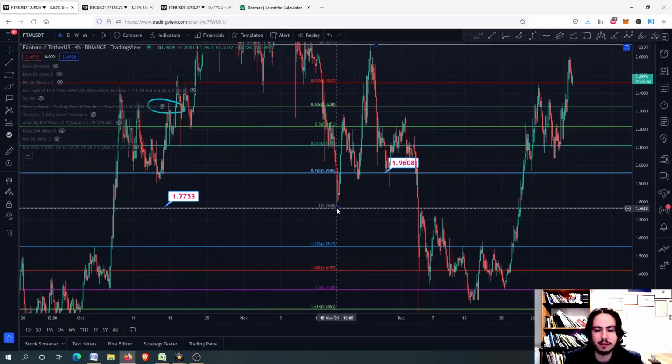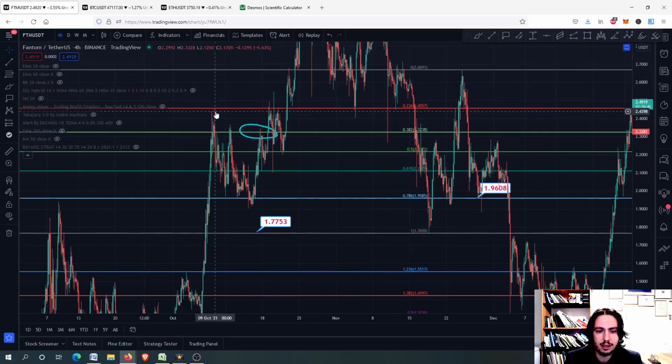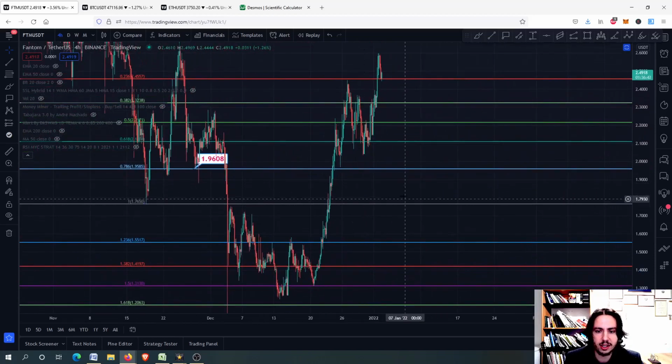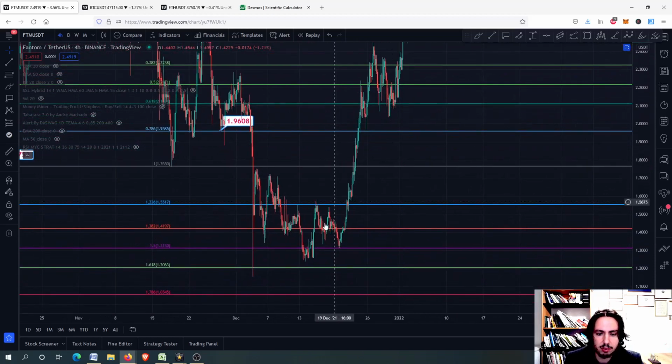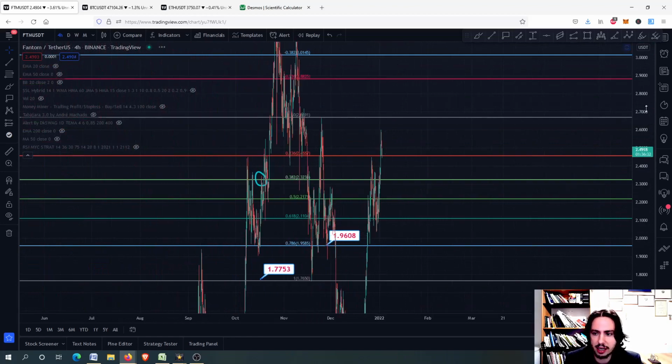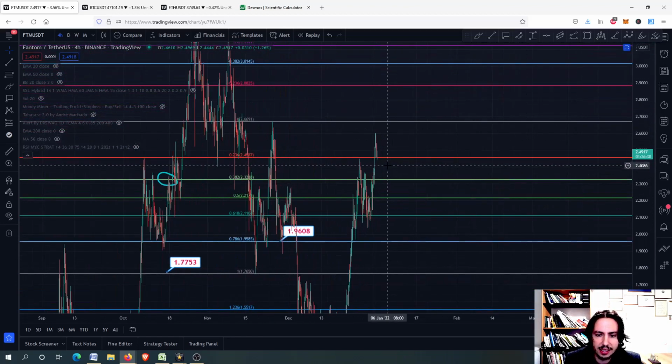Because now I have drawn from the bottom to the top, but before I drew from the top to the bottom. And you can see that right now we stopped at around 1.618, we had one buying pressure at the 1.5 again, and from there we started going up as well, even higher.